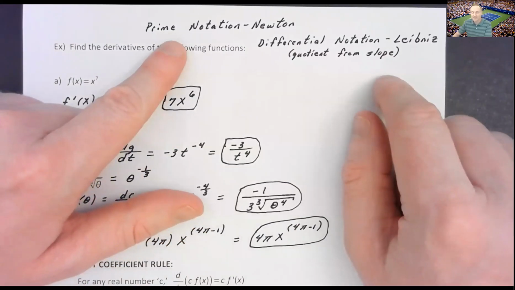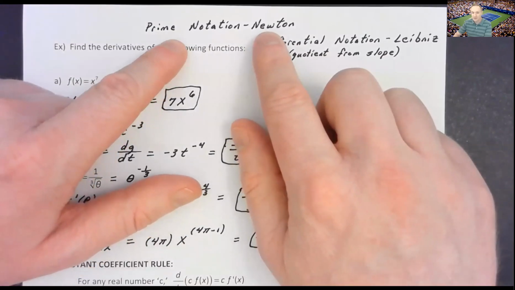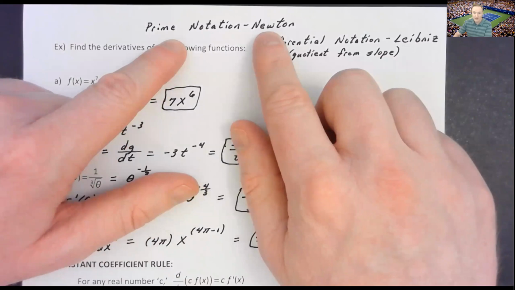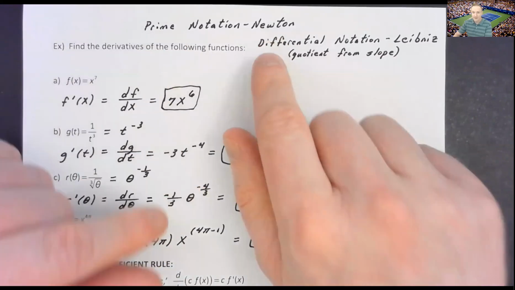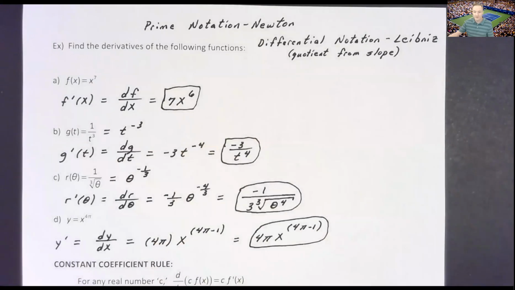Anytime you see prime, that obviously means take the derivative. The prime notation is attributed to Sir Isaac Newton, one of the inventors of calculus. An independent inventor of calculus also, Wilhelm Gottfried Leibniz, who I actually think did a better job with his creation of calculus concepts, always used differential notation, and it's always going to look like a fraction because he brought the idea over from slope, the change in y over the change in x.